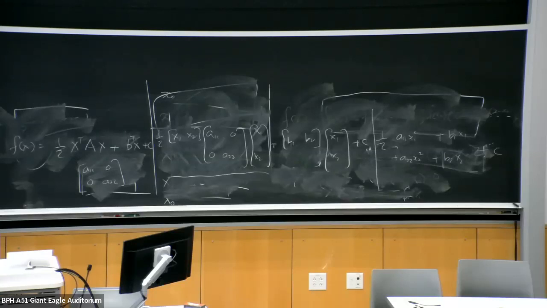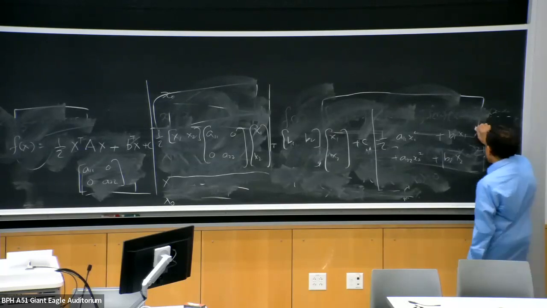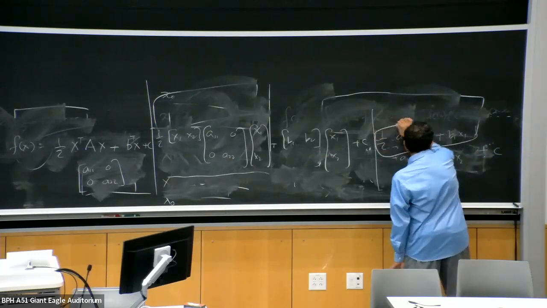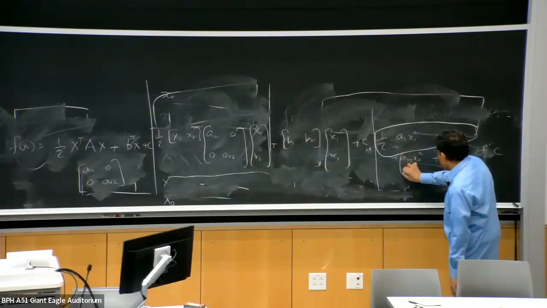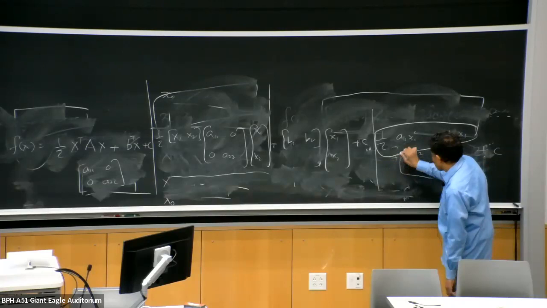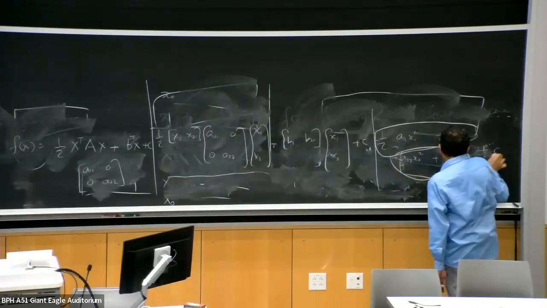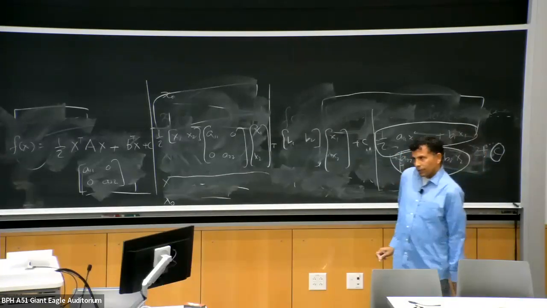Even if A is a full matrix, if I rotate this space, it's going to come back to the same form, okay? And so now this actually ends up being the sum of a quadratic in x1, there's a half here, sorry, and a quadratic in x2 and a constant, right?